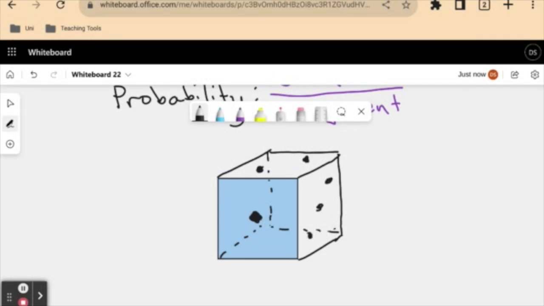So in this case, well, we have 6 different events. So the probability of each of these happening, of rolling a 1 or a 2 or a 3 or a 5, these are one event out of a possible 6.